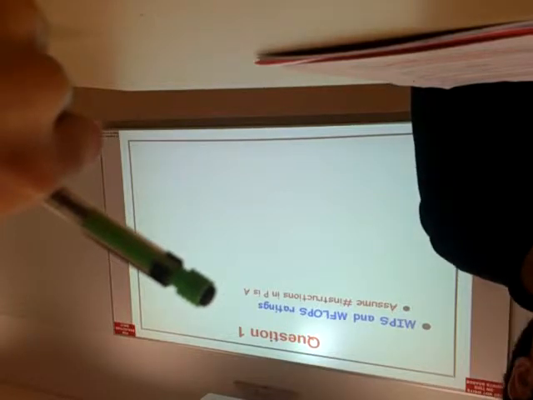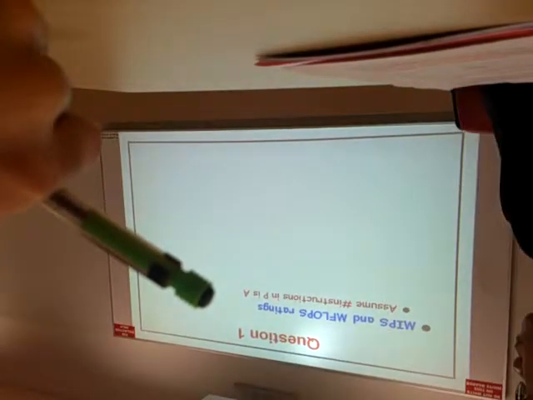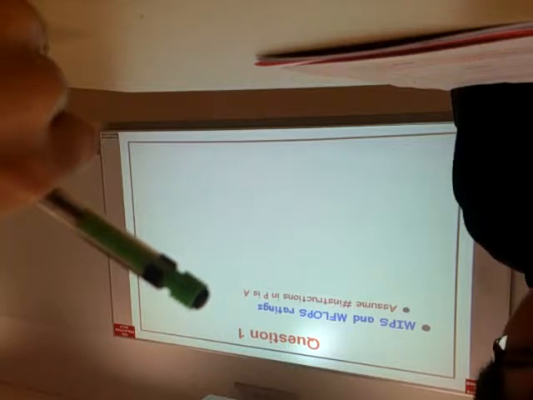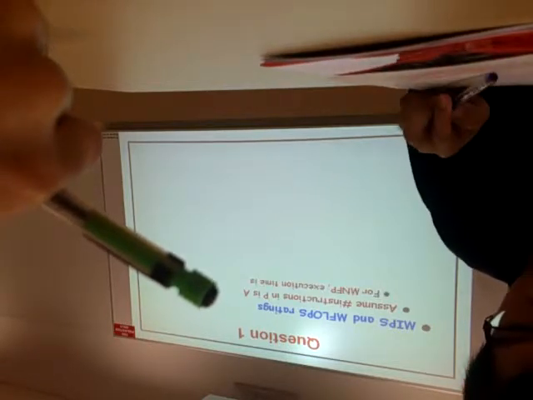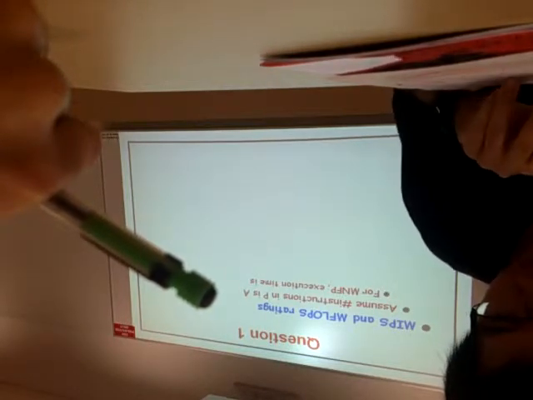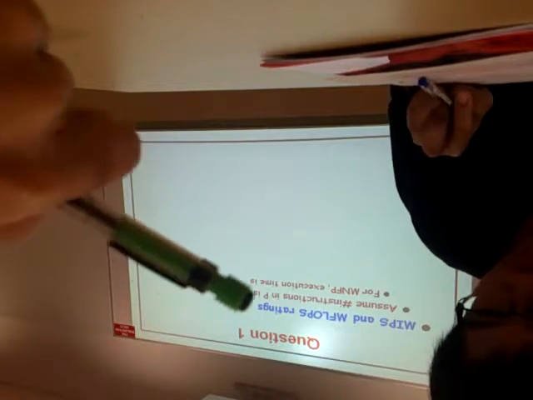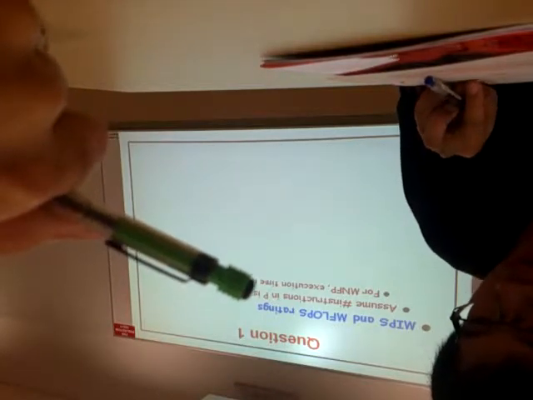Okay, so let's go on to the machine without the floating point arithmetic. Here we have to emulate the floating point instructions by using integer instructions.